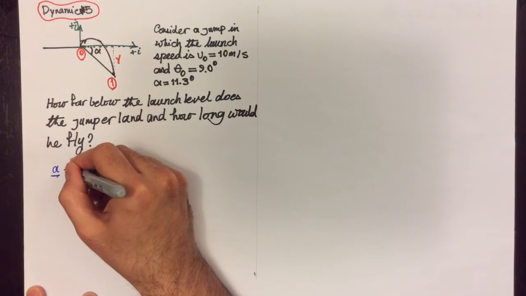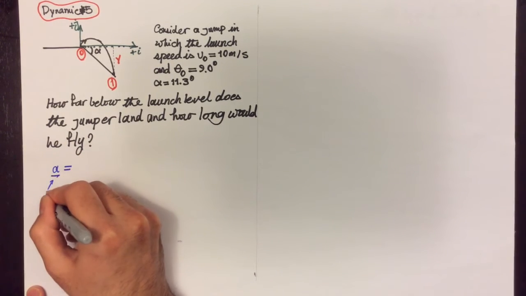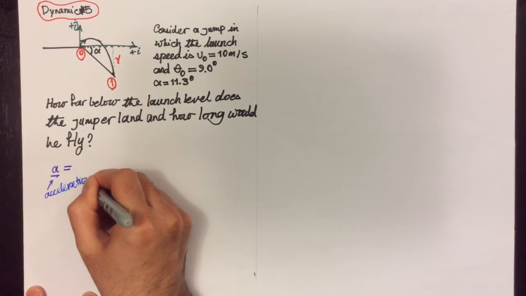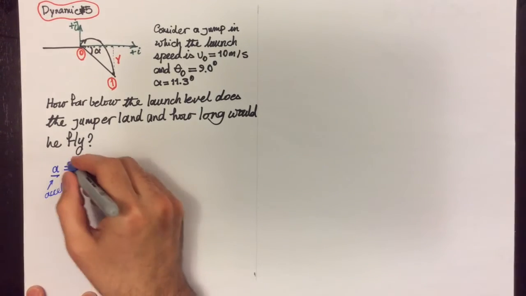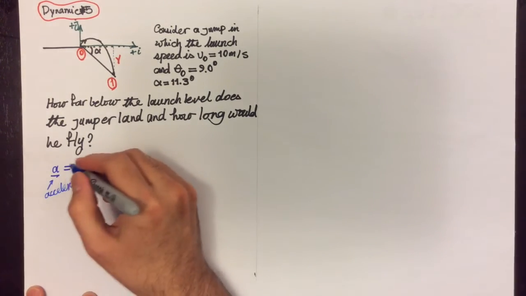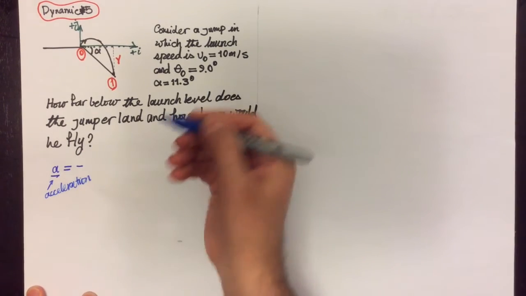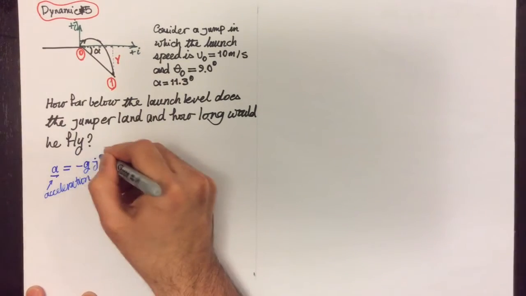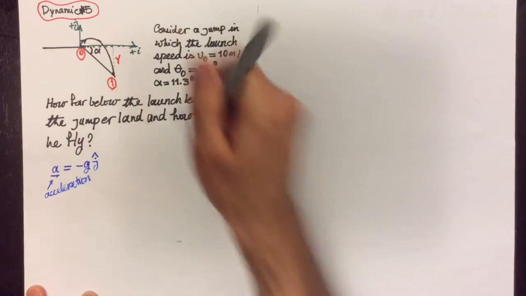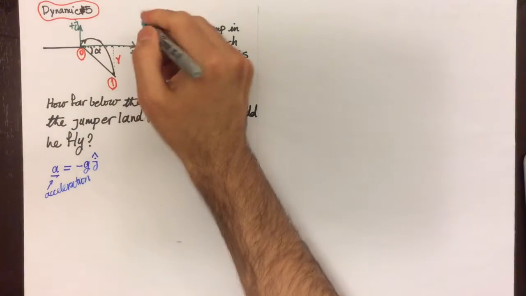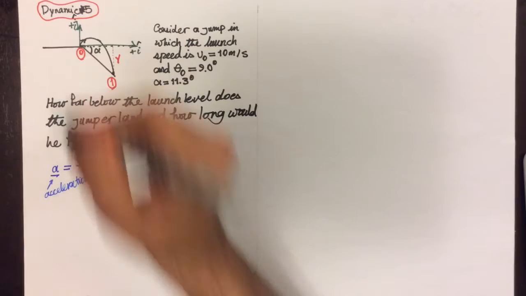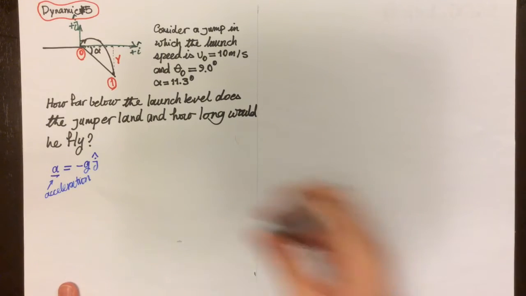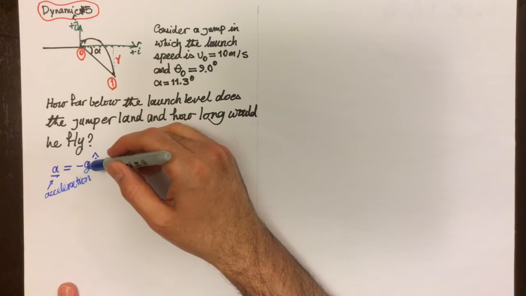So how many components does this acceleration have? It has only one component, in the negative j direction, and its magnitude is g. So g j hat, and I'm going to use j hat, as it is more common to use. In general, I would rather follow the convention than invent my own. So a equals negative g j hat.